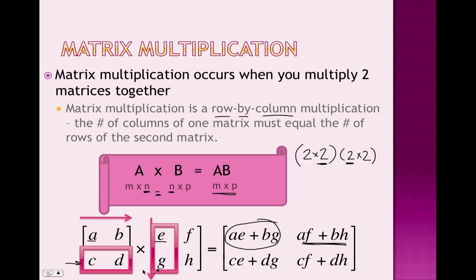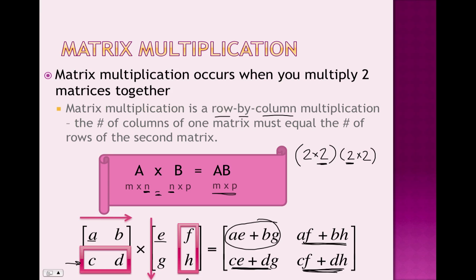So our result would be C times E plus D times G. That will be the first term in your second row. And then lastly, C times F plus D times H. Now you have multiplied everything. You have gone across the rows, and you've done both rows, and we've gone down both columns.